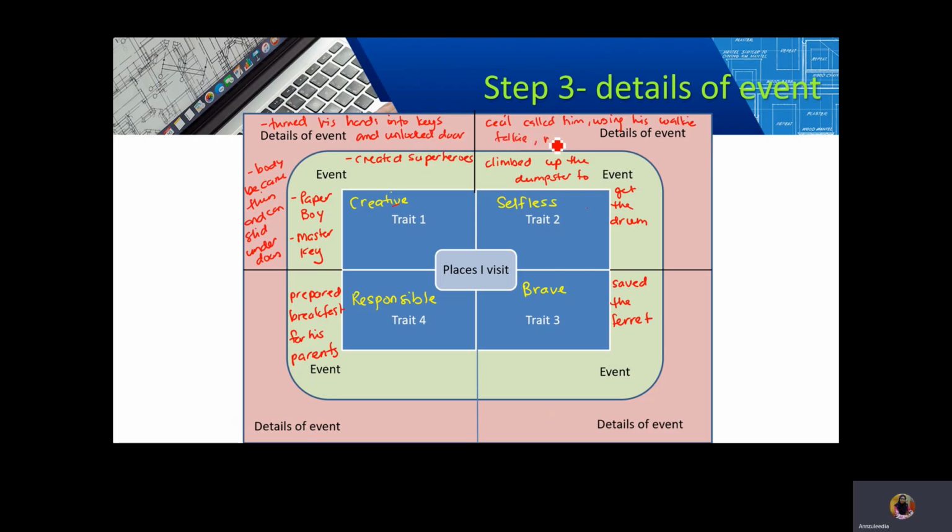Then they met up and asked Newt to get the drum. Okay. Newt is afraid of heights. Okay, but he still went up. Okay, the other two you can do on your own later. Because I'm just giving you an example here.